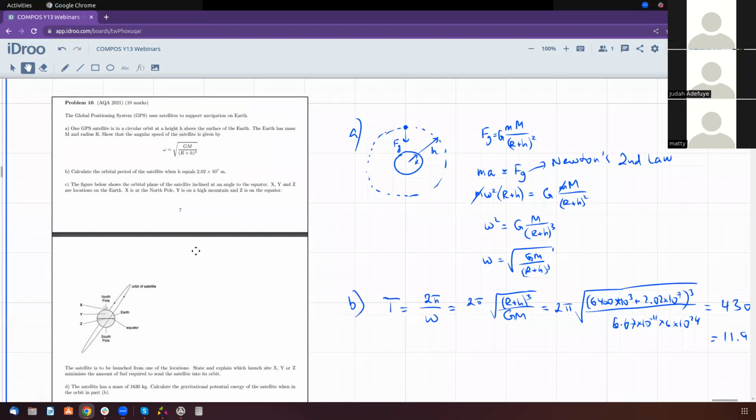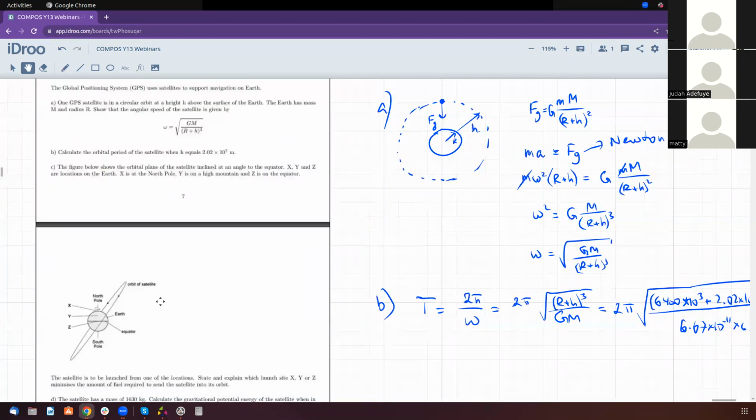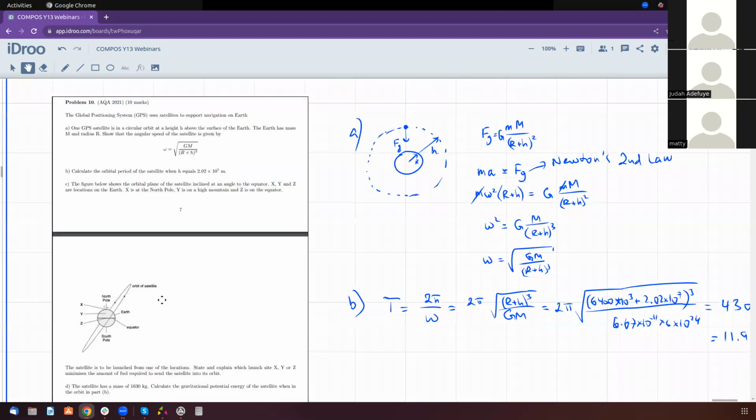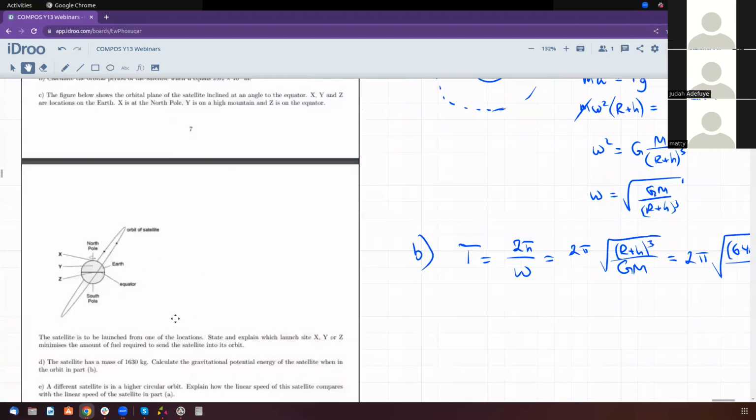Okay. The figure below shows the orbital plane of the satellite inclined at an angle to the equator. X, Y, Z are locations on the Earth. X is the North Pole, Y is on a high mountain, and Z is on the equator. The satellite is to be launched from one of these locations.